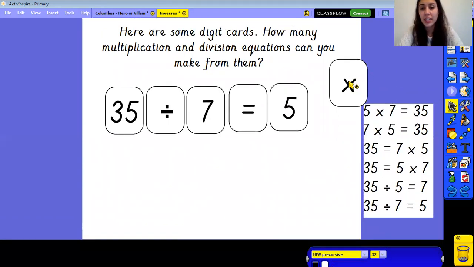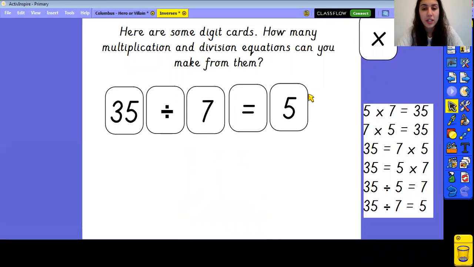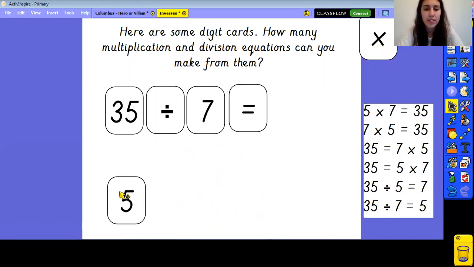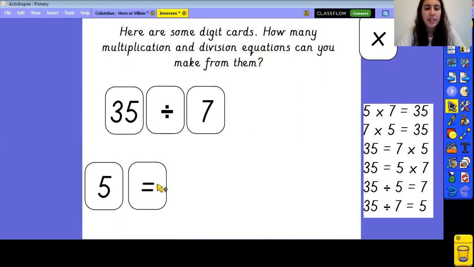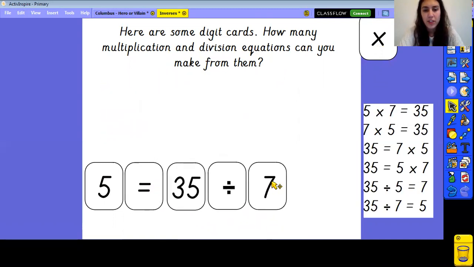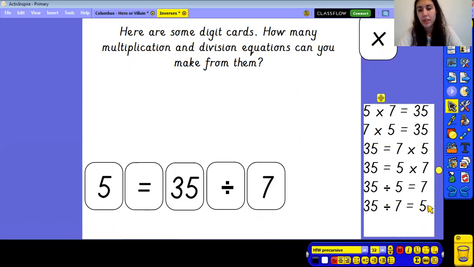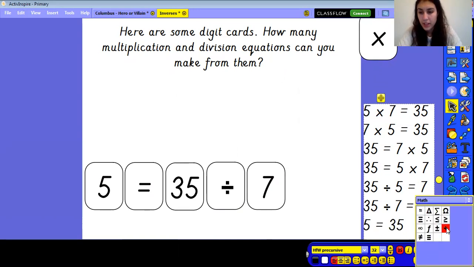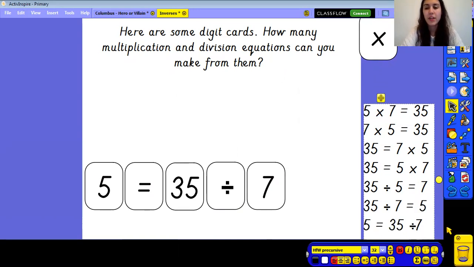And actually, just like with multiplication, I can move the answer of my equation to the front and say that my answer is equal to 35 divided by 7. So 5 is equal to 35 divided by 7.